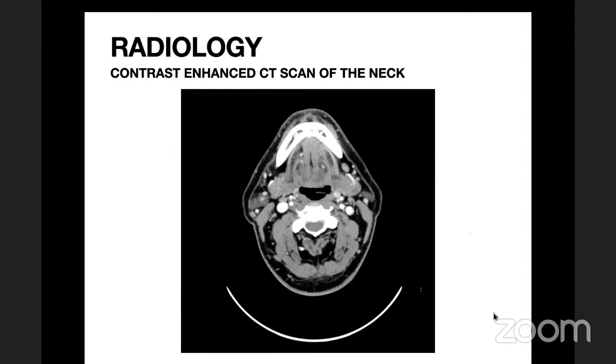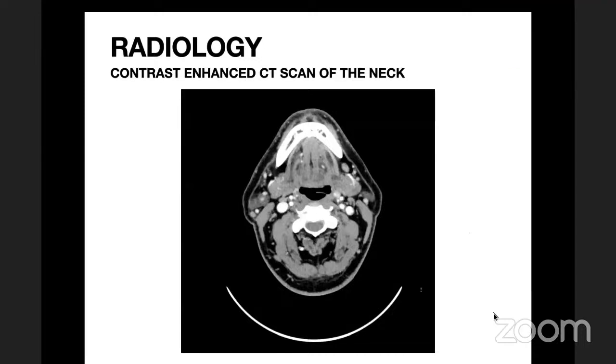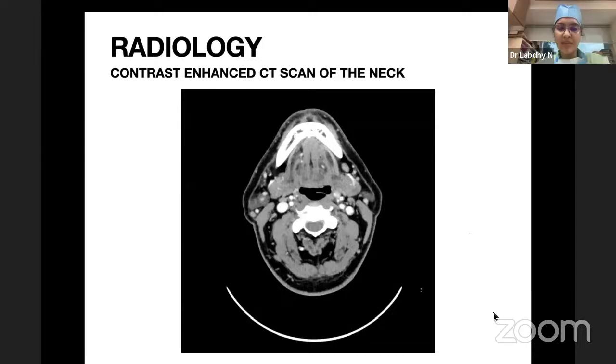So do you consider an organ preservation surgery in this case? No, sir. Why not? You may be right, but why not? Sir, because there is subglottic extension in this patient, and there is exolaryngeal spread through the cartilage.